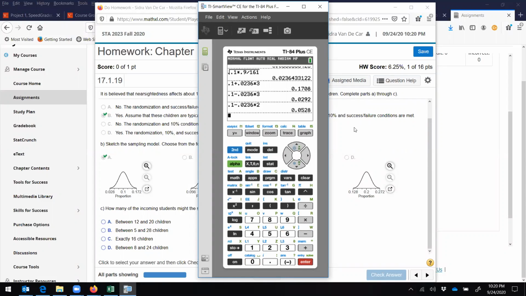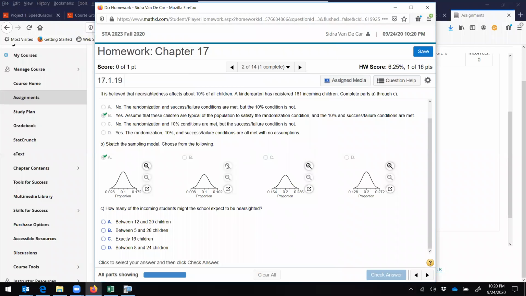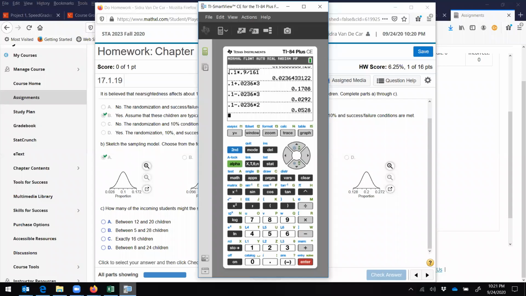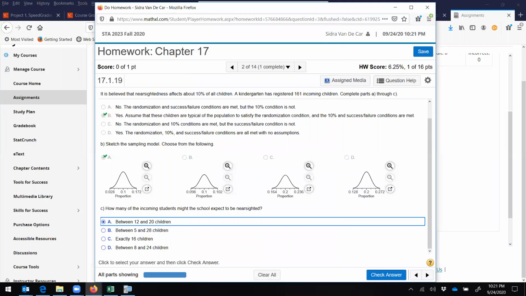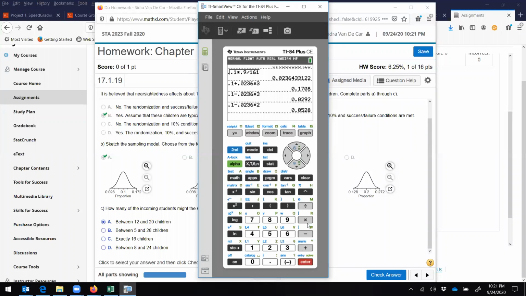Because remember, from our 68, 95, 99.7 rule, 2 standard deviations will capture 95% of the data. So this percentage would be the 2 standard deviations below. That percentage of my 161 children, so I go times 161, would give me a lower estimate of somewhere around 8.5 children.